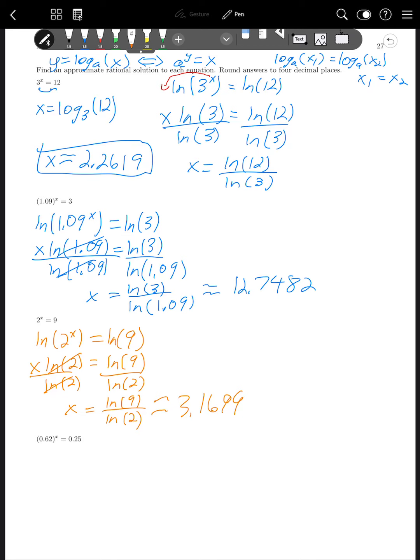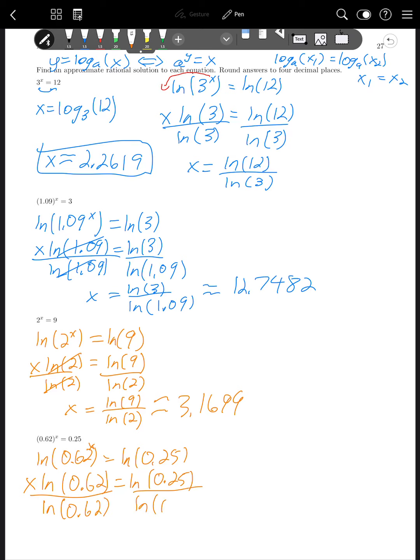And then the last one, take the natural log of both sides, so same idea. Then bring the variable out in front. And then divide to get the variable by itself. So x equals the natural log of 0.25 over the natural log of 0.62.